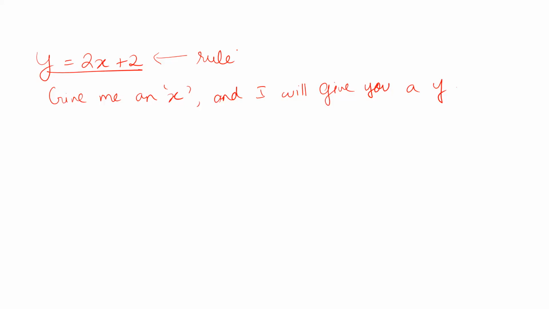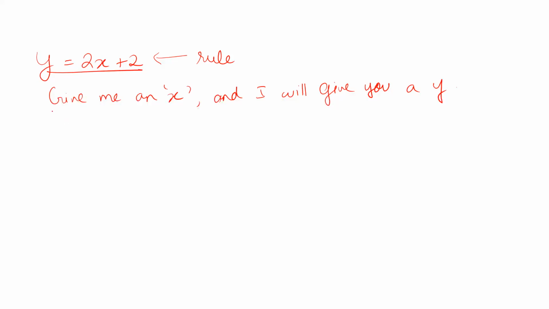So you can choose whatever value of x you want. You can take x equals 0, you can take x equals 0.25, you can take -1, whatever you want. Plug it in here, substitute it, and then just do the arithmetic, and you get the value of y. So what you can actually do is make a table.